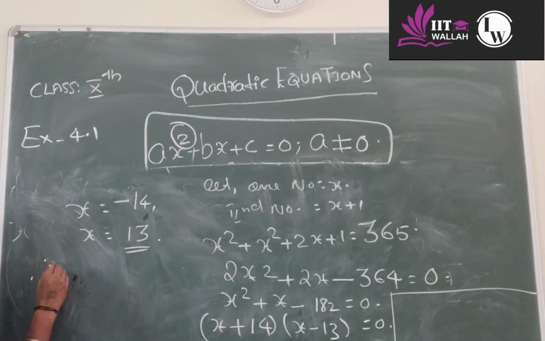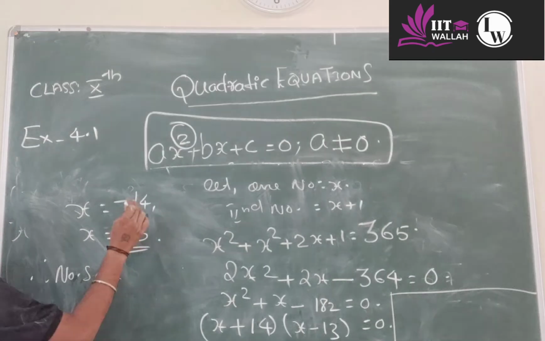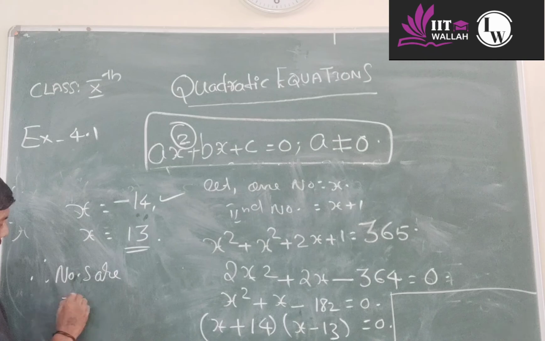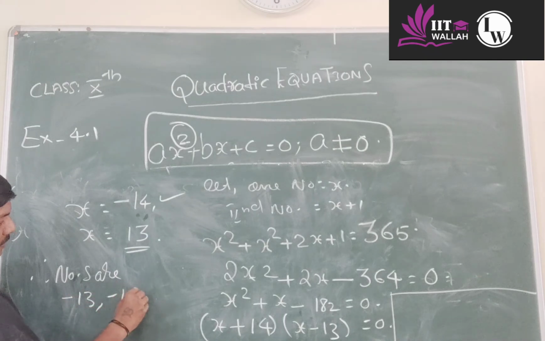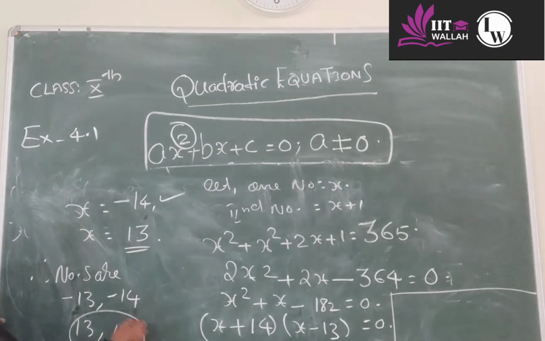So therefore, if we are taking this value for x, the numbers are minus 13, minus 14. Means here you square this and add this, you will get this, or 13 and 14.